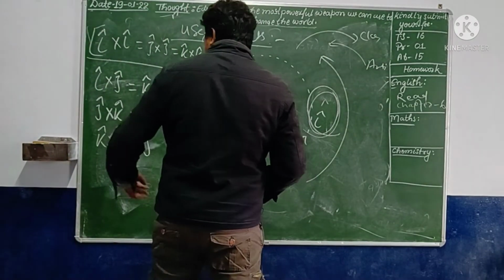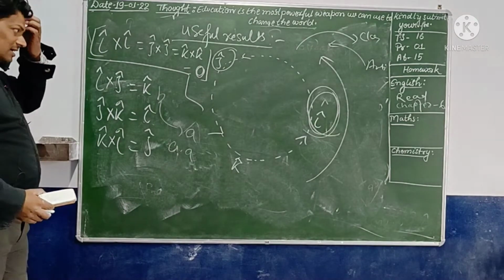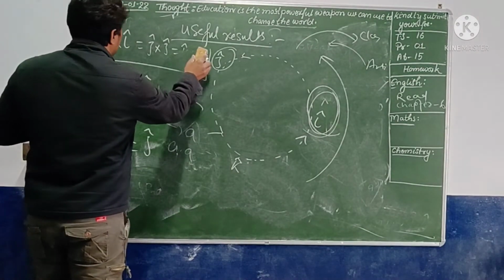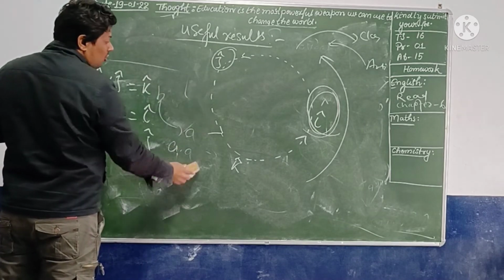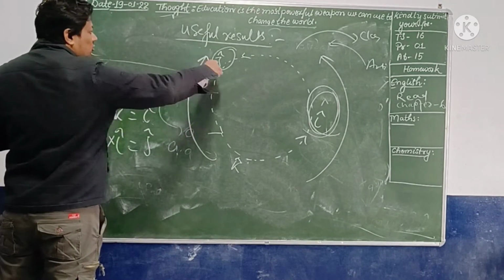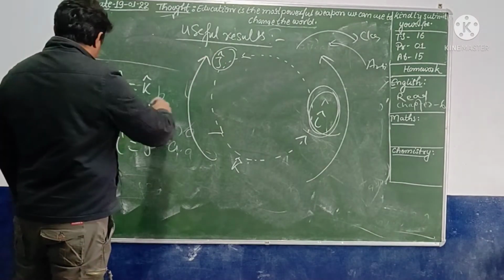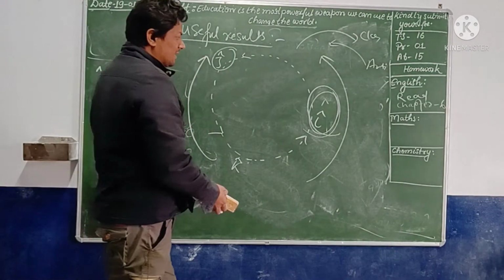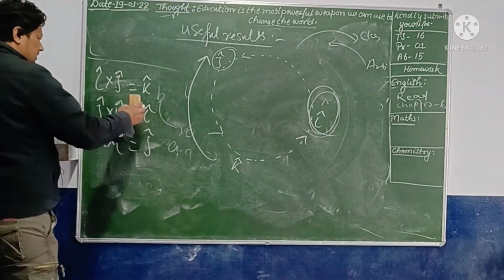This one is about the anti-clockwise. Is it clear? Now we will move clockwise. Anti-clockwise completed. Now we will move clockwise. This side. If you can move this side, what you will get?